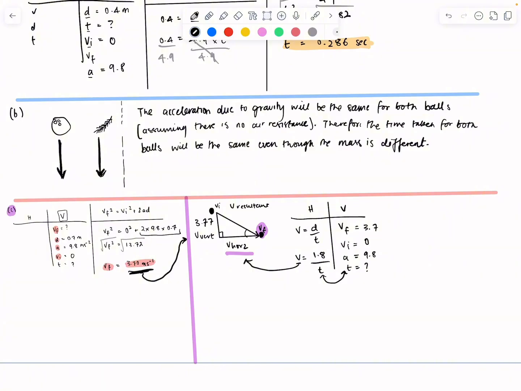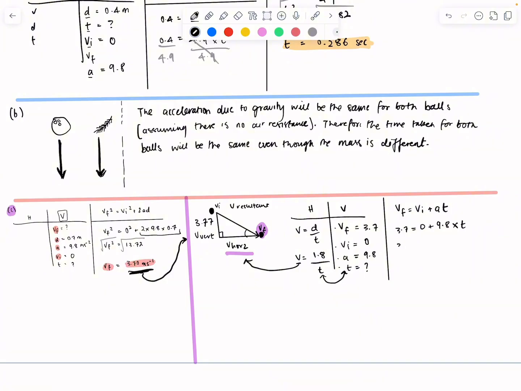So, the time taken is what we're trying to figure out, and so the kinematics equation that I'm going to use that involves all of these things is going to be VF equals VI plus AT. Then I can rearrange to find time. So VF is 3.7, VI downwards, okay, is 0, and we know the acceleration is going to be positive because it's also acting in the same direction, plus 9.8 times t.